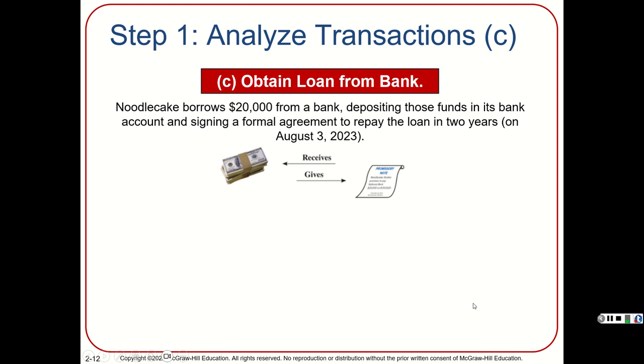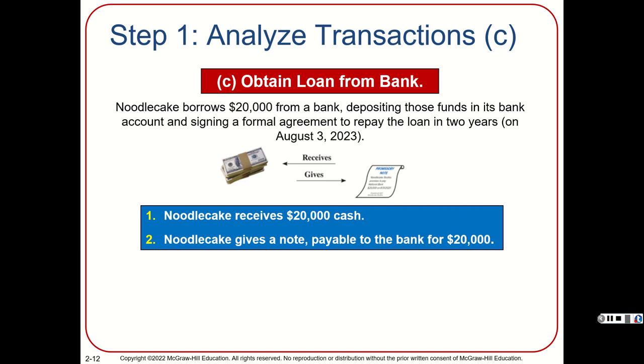Next, we're receiving a loan from the bank. So the company borrows $20,000 from the bank and deposits it into their checking account. In exchange, they are signing a document that says, I'm going to pay this much a month for this number of months. So that's the exchange. And usually this kind of amount, most companies, especially the smaller ones, do not pay it off within a year.